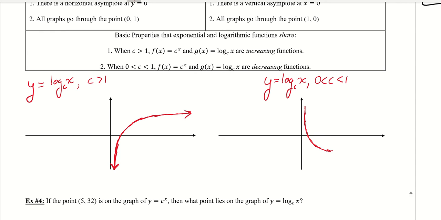And if you take your logarithmic graph and you rotate it, you would see that this looks quite a lot like an exponential curve. And it is. It's just an exponential curve that has actually been reflected.